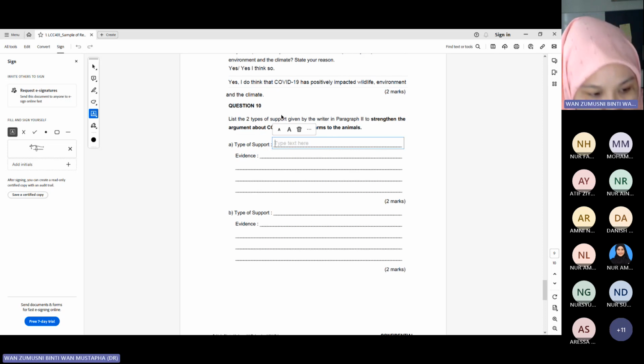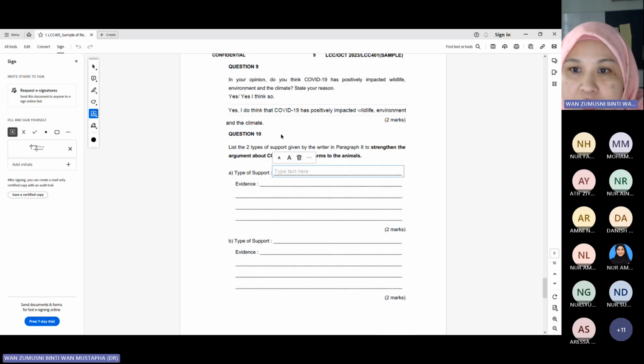Two types of support. Oh yeah, state your reason, right?